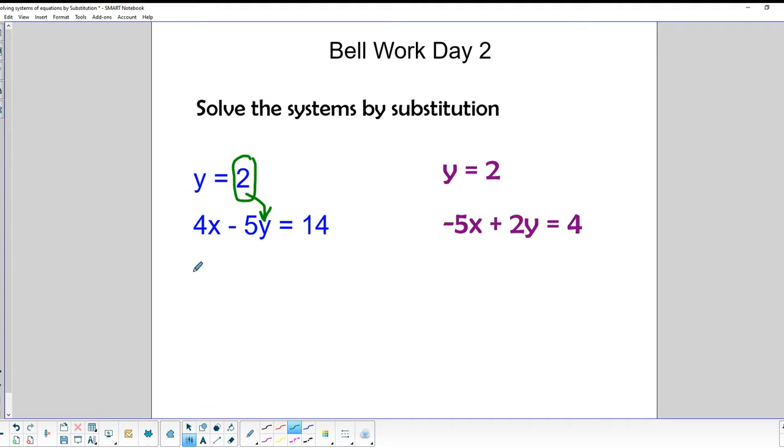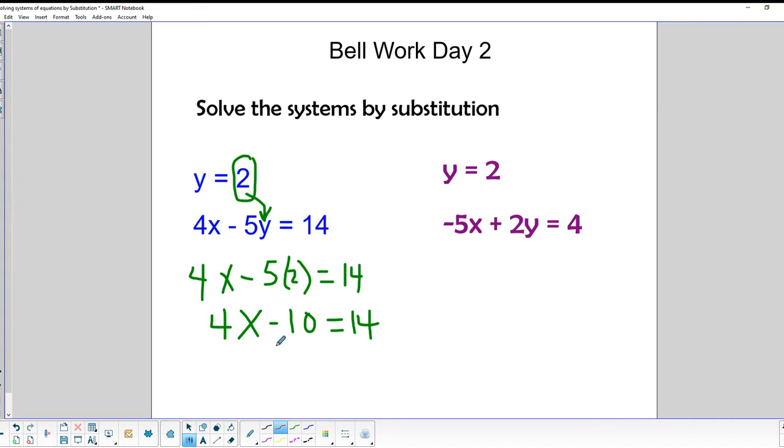So on our first example here, we will end up with 4x subtract 5 times 2 equals 14. And then I need to do a little simplifying, so I'll get 4x minus 10 equals 14. And now we're going to add 10 to both sides. And we will then simplify it a little bit further, and we'll have 4x equals 24.